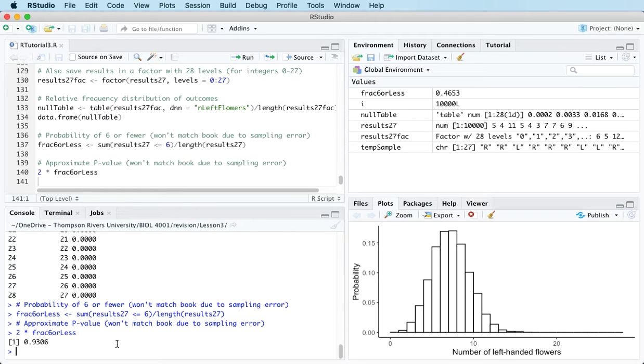There's another piece of terminology here that gets used in this context, and that's the power of a hypothesis test. And the power of a test is the probability of correctly rejecting a false null hypothesis. So in other words, it's 1 minus the probability of a type 2 error.